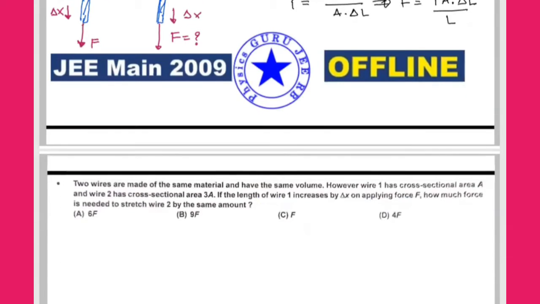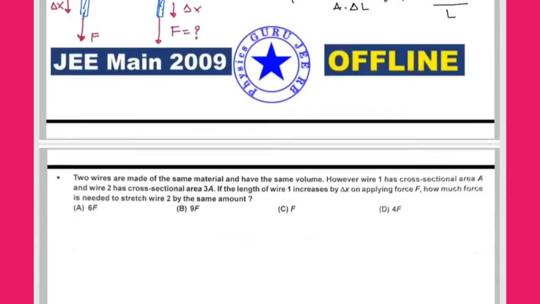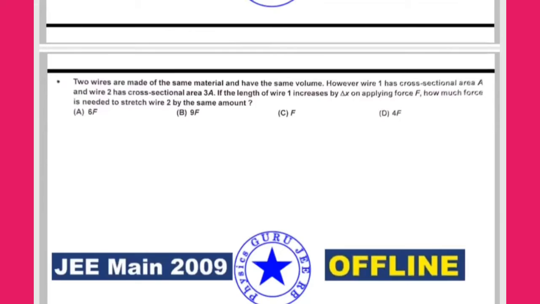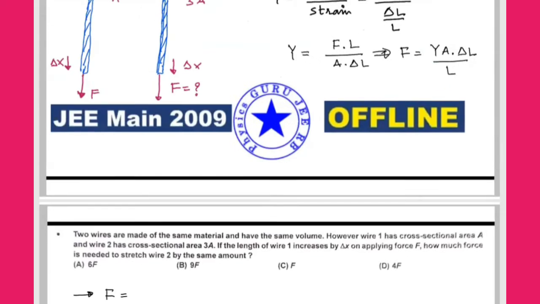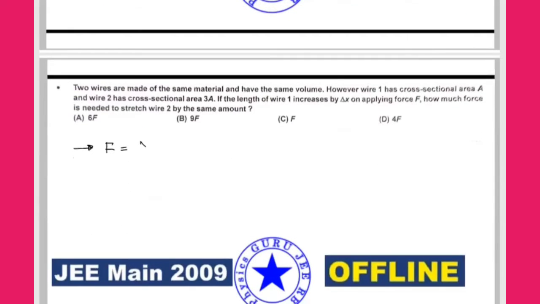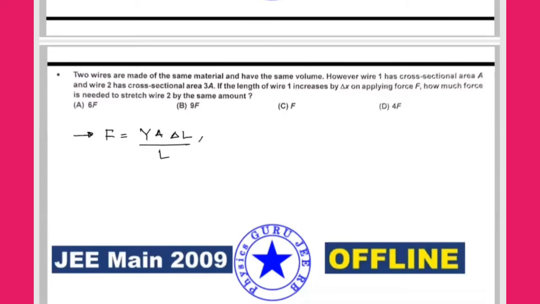Now I'll take the same equation. F equals Y A delta L divided by L, multiplying numerator and denominator by A. Why did I do this?